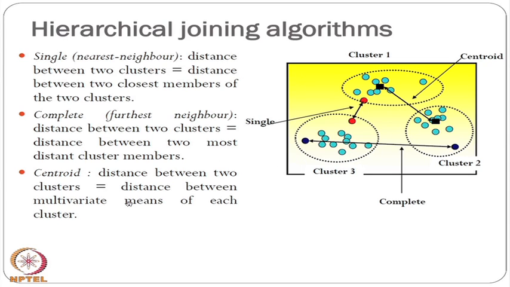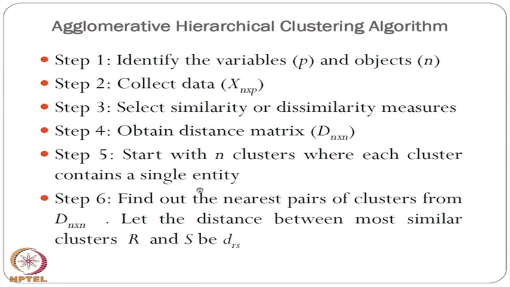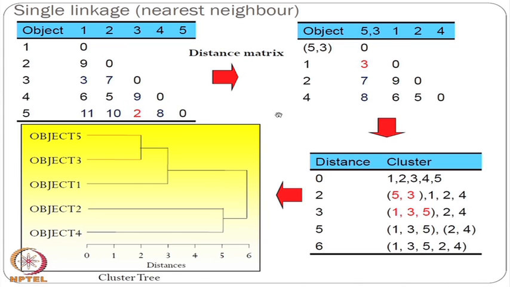Centroid we have not discussed, we will be discussing today. And average, median and Ward are also not completely discussed. The total algorithm I have already discussed, and I have also given this example in the last class, and you have seen how the dendrogram was formed.